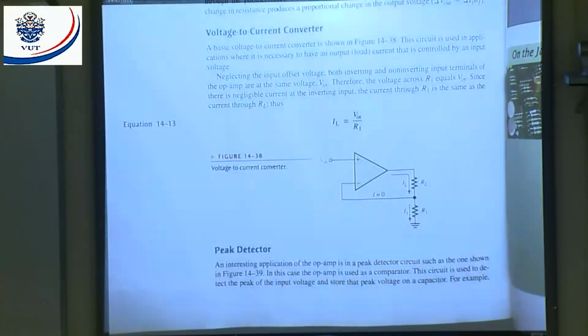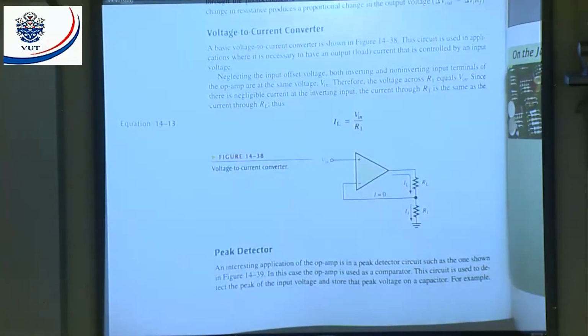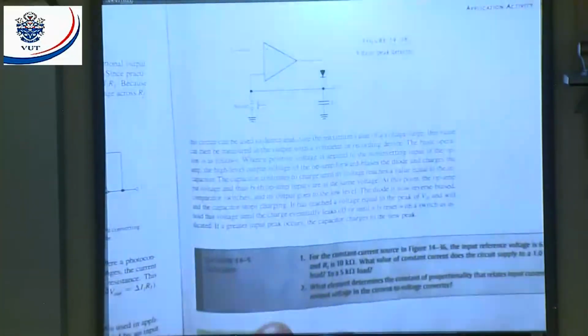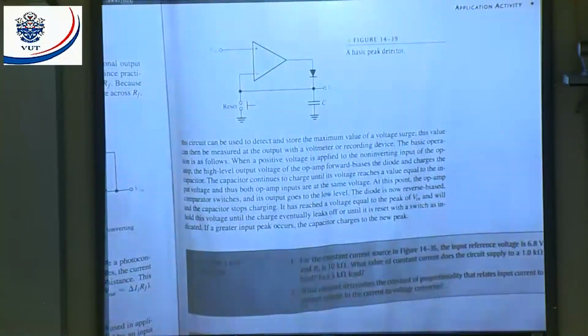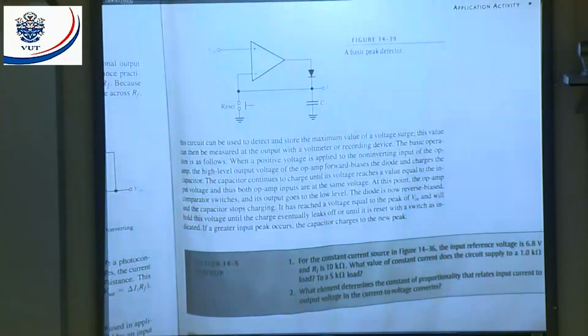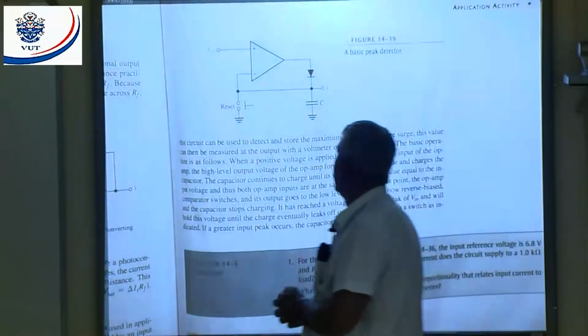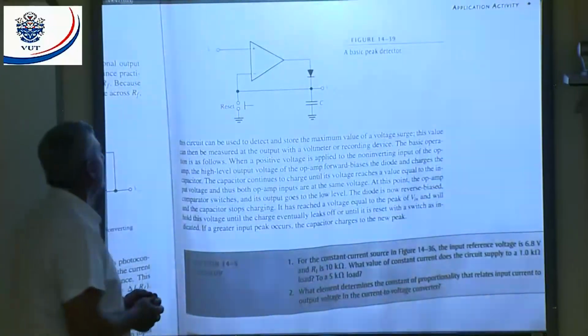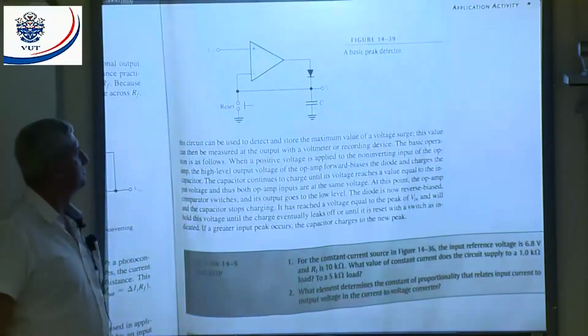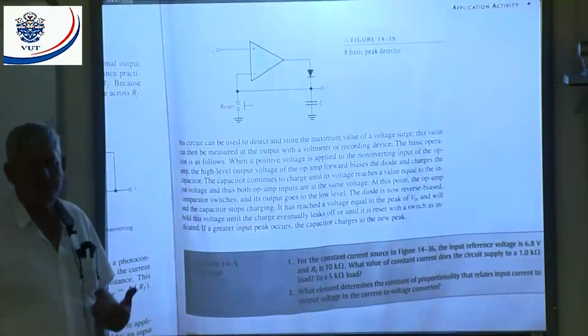All right, the last one, a peak detector. Why do they call it a peak detector? What input should we apply here? Positive or negative?